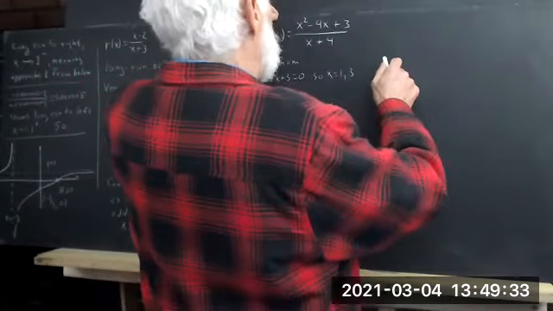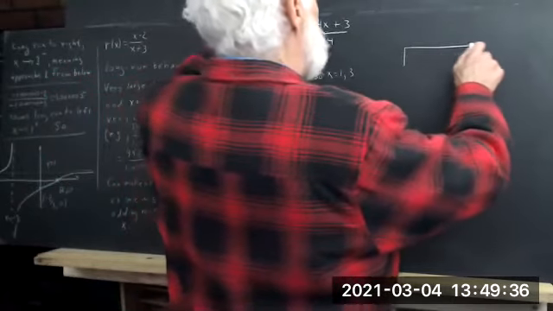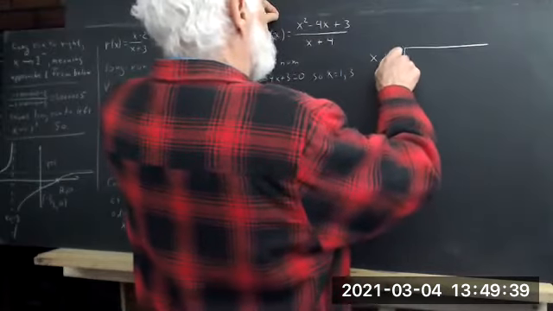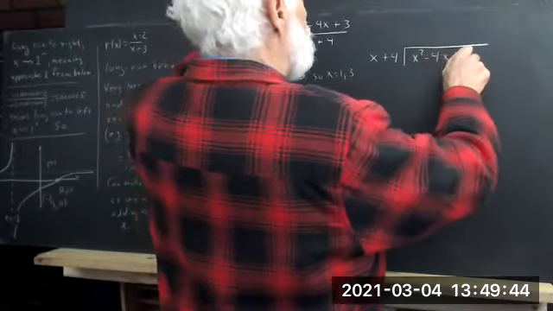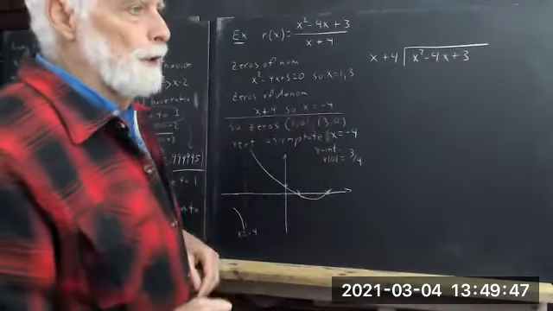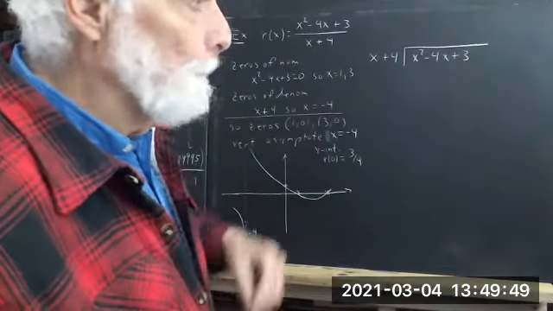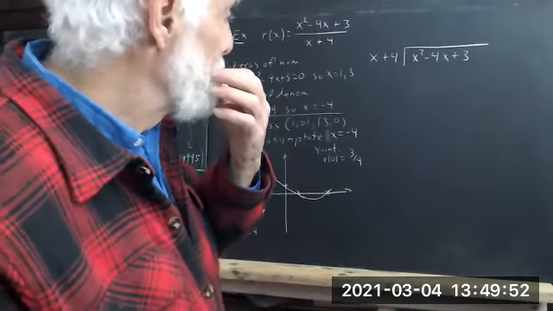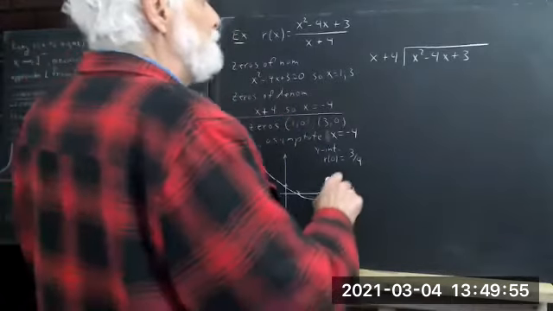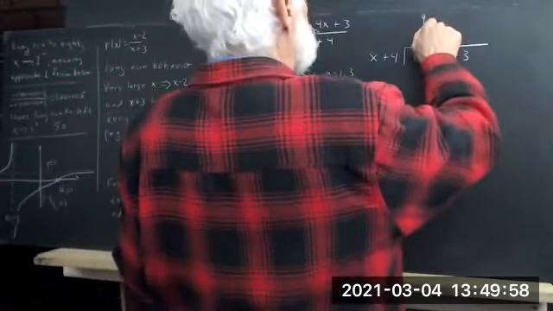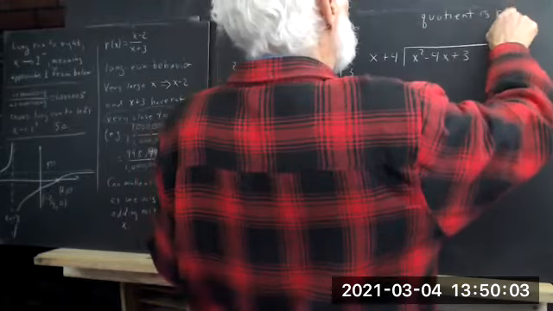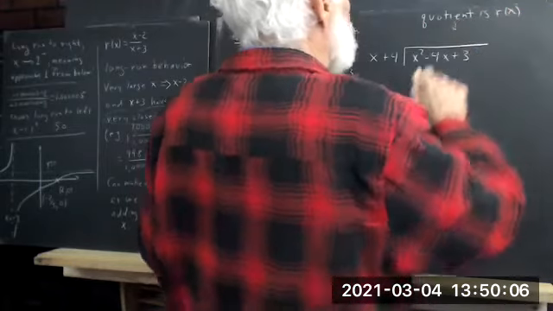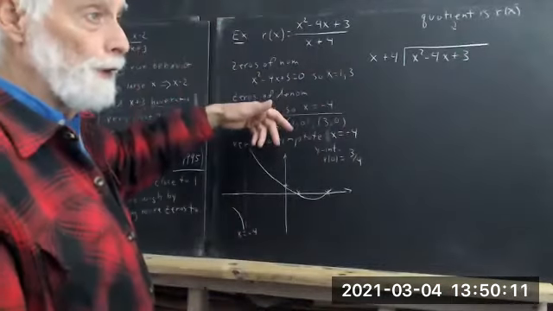If we divide x plus 4 into x squared minus 4x plus 3, the quotient that we get from our division is going to be R of x, because what is R of x?